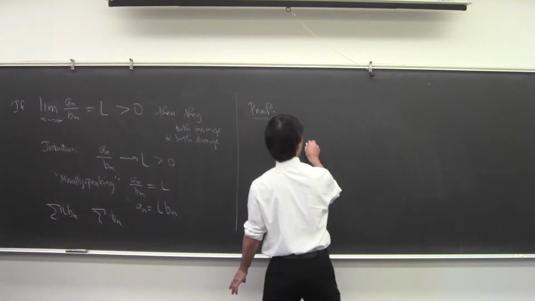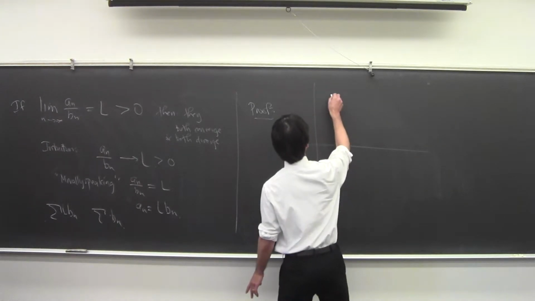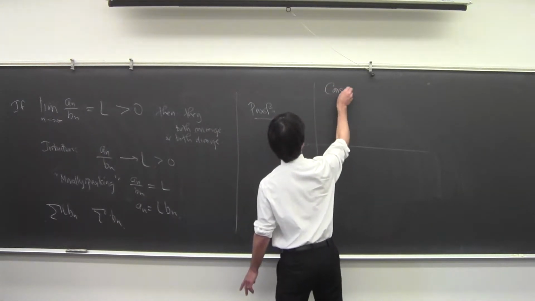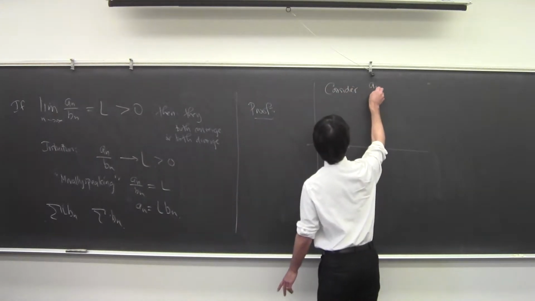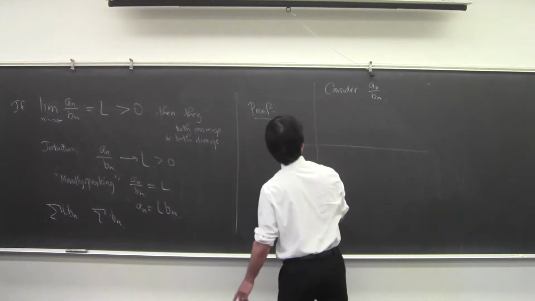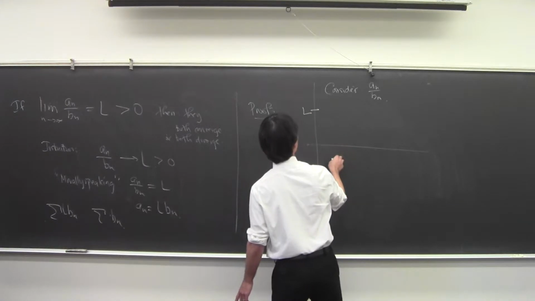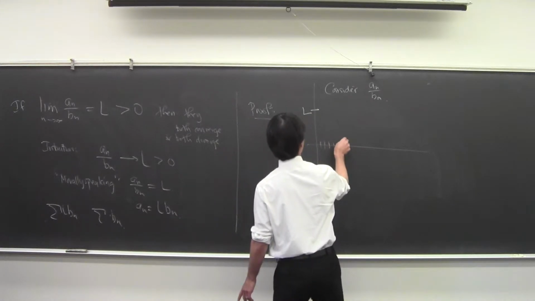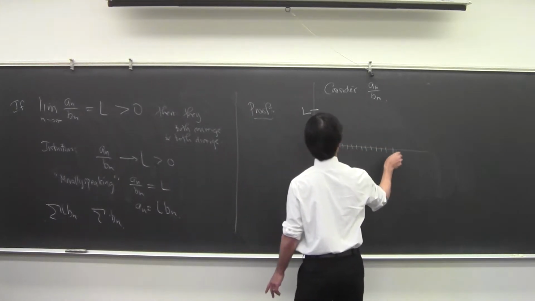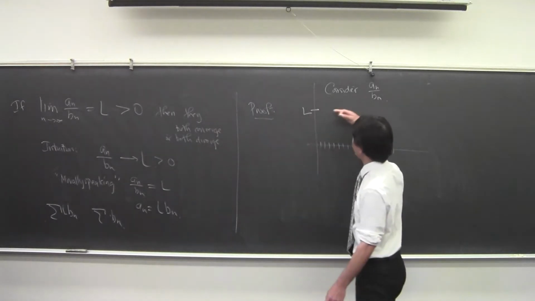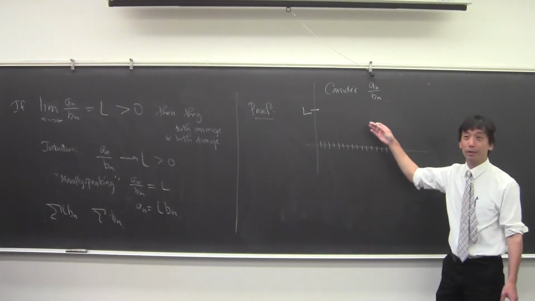Consider A sub n over B sub n, and say that the limit is L. So eventually it's going to be pretty close to L.